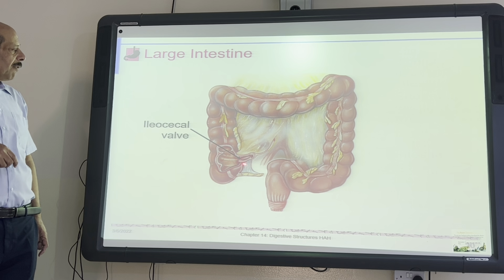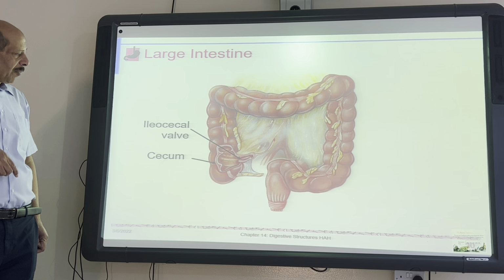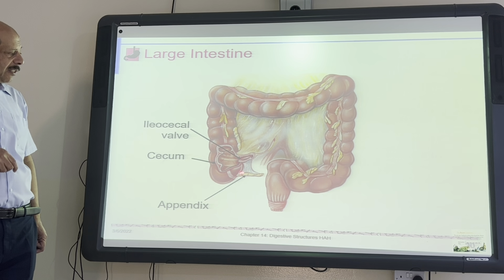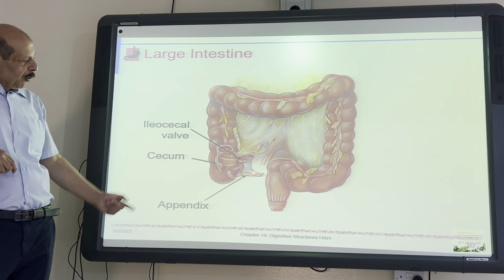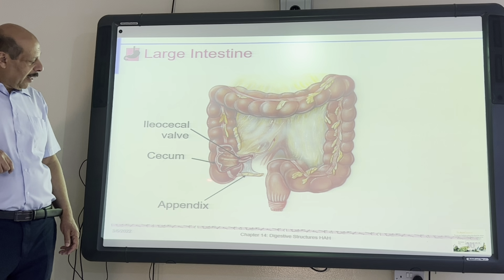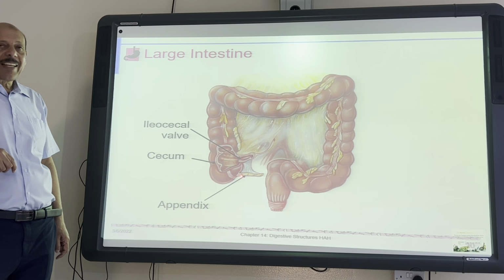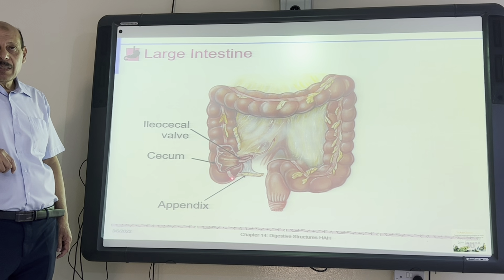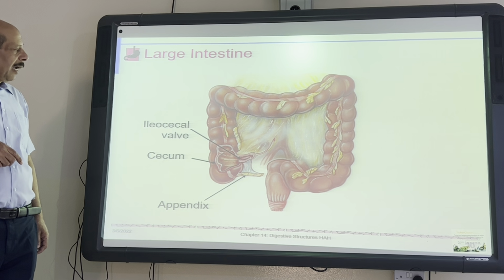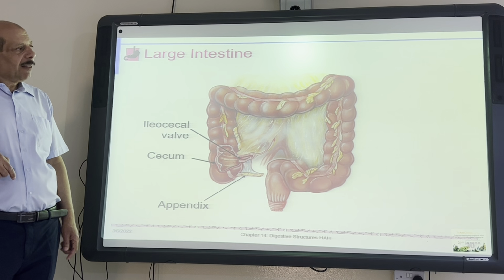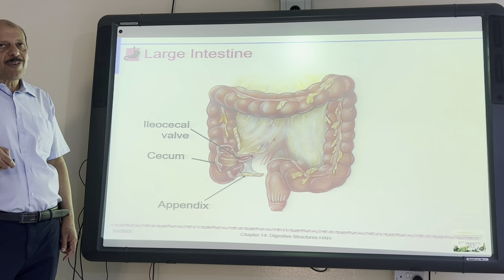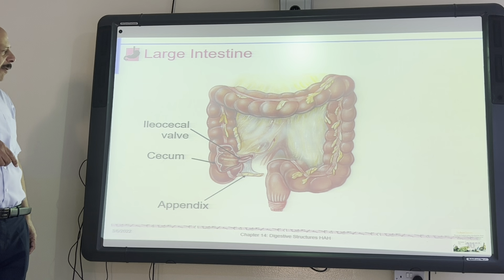This is the ileocecal valve again, and this is the cecum. And this is the appendix, which is a small protrusion at the cecal area. Up till now, they don't know exactly what its function is.